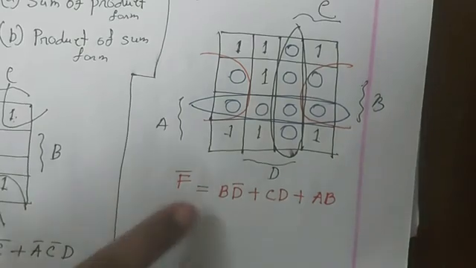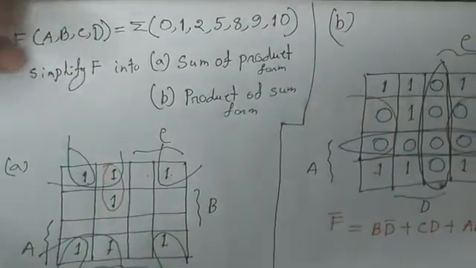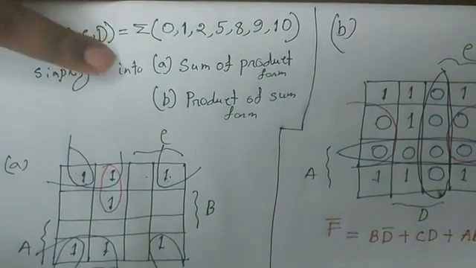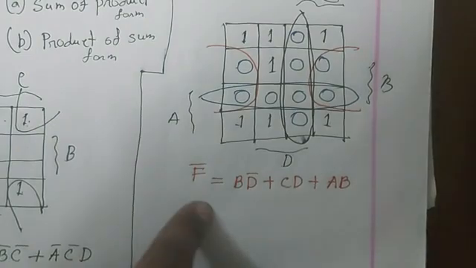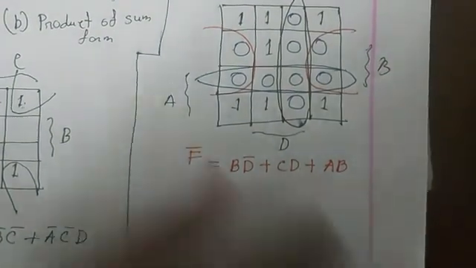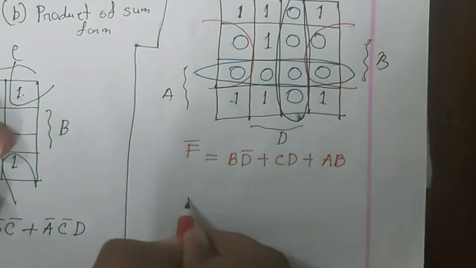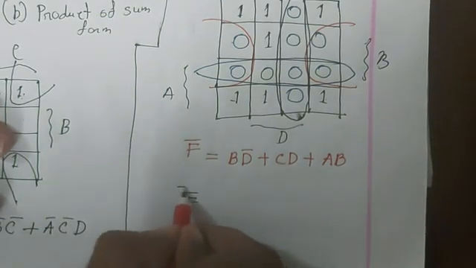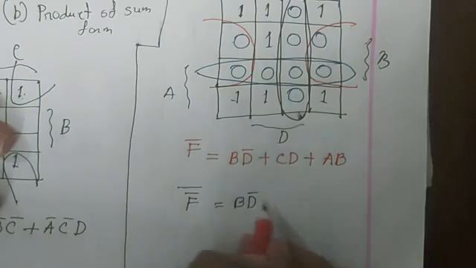So we got the simplified equation for f prime, but we don't want f prime. We need the simplified equation of f as a product of sum form. We have taken the zeros, made groups, and got the simplified equation for f prime. Now if we take the prime on both sides, the left side f prime becomes f, and the right side gets a whole prime.